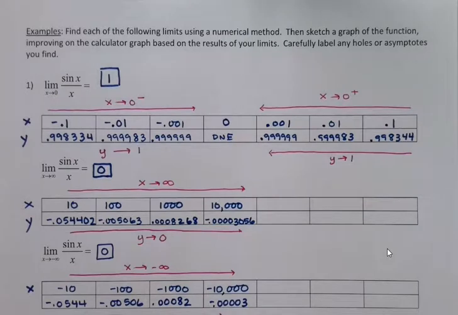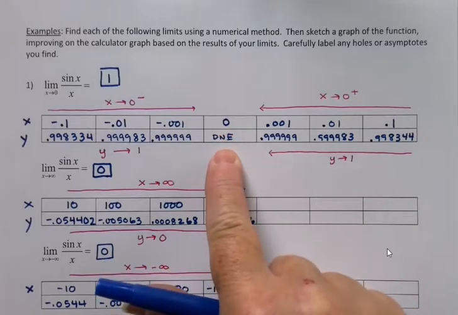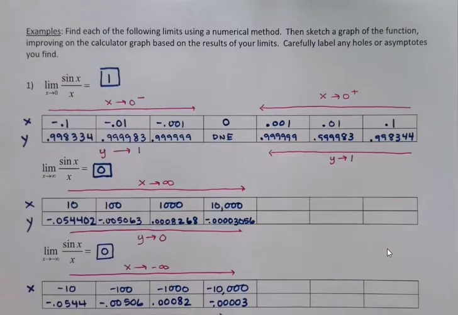So first of all, I know that when x is 0, the function value itself is undefined, but the limit is 1. So I'm going to go ahead and say, let's see, 1, 2, 3, 4, 5. Let's call this 1. And oops, sorry, I got to pull that up so you can see it.